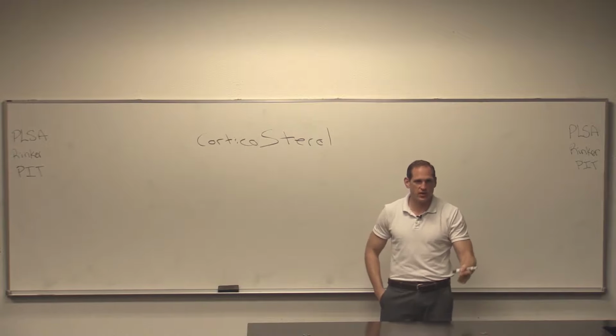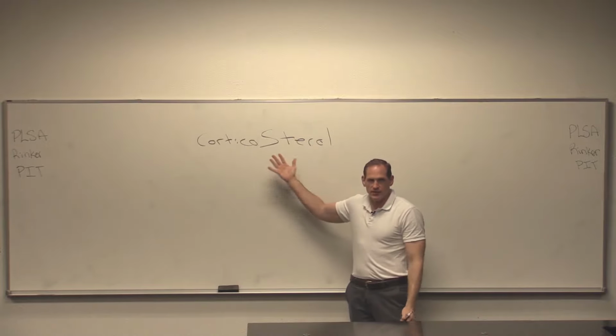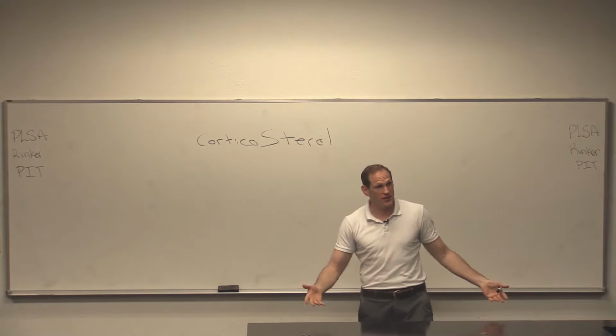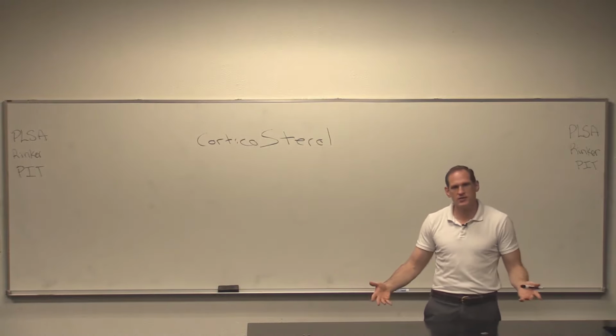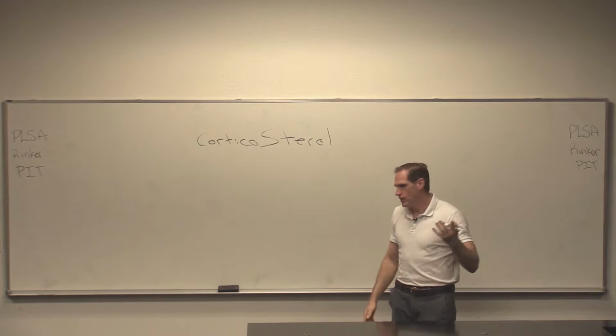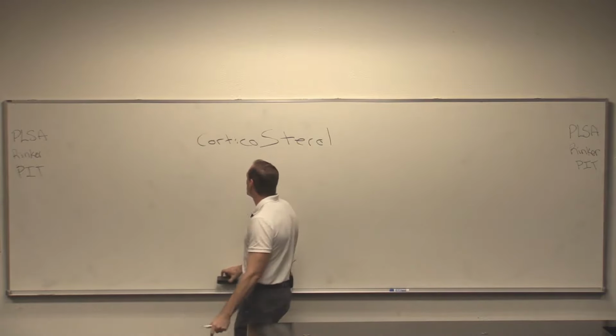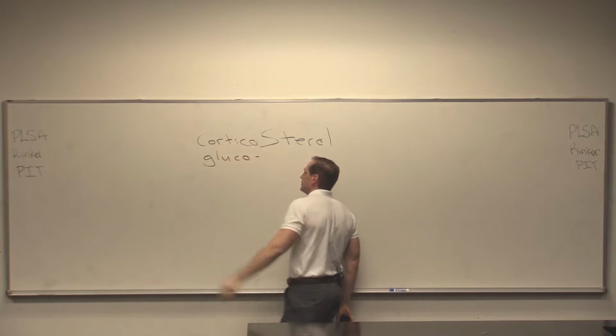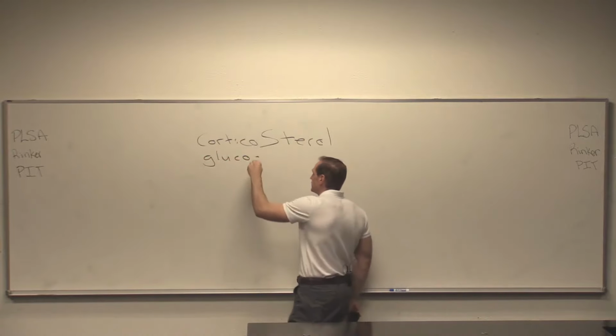So cortisol is actually what corticosteroids do. They activate cortisol receptors. Now, if you remember what cortisol does, one of the things it does is it raises blood sugar. So as a result, sometimes corticosteroids are called glucocorticoids.